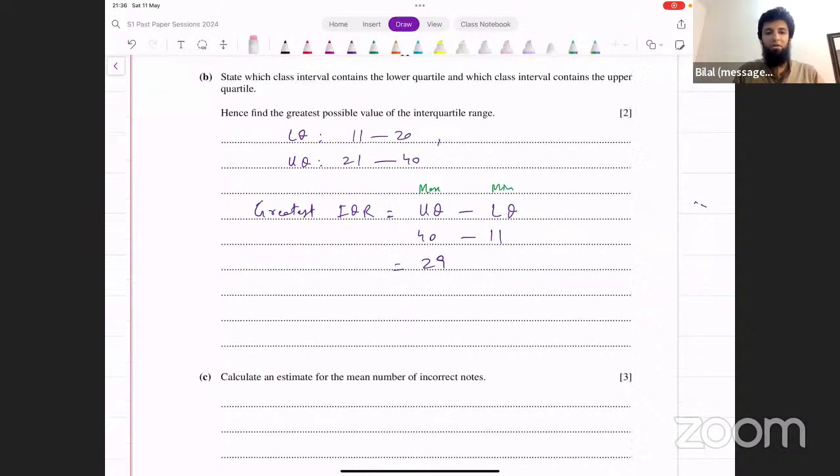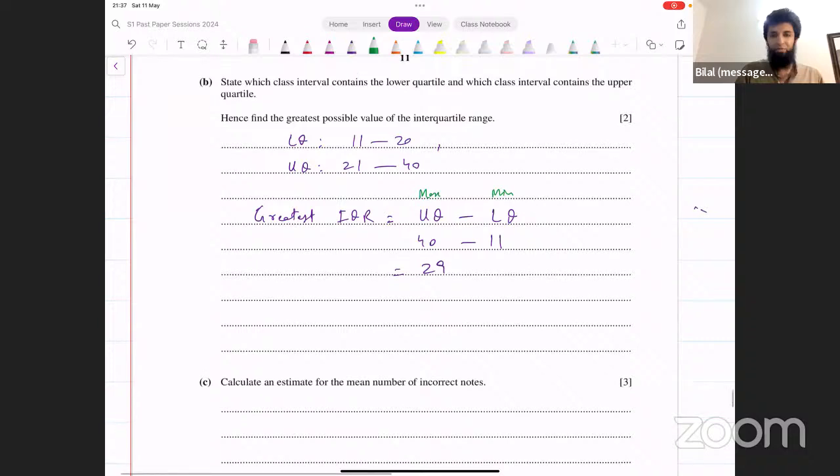If it was a continuous variable, for example time or length or height, something like that, the greatest possible interquartile range would have been found using the adjusted intervals, because those values could be in decimals as well.